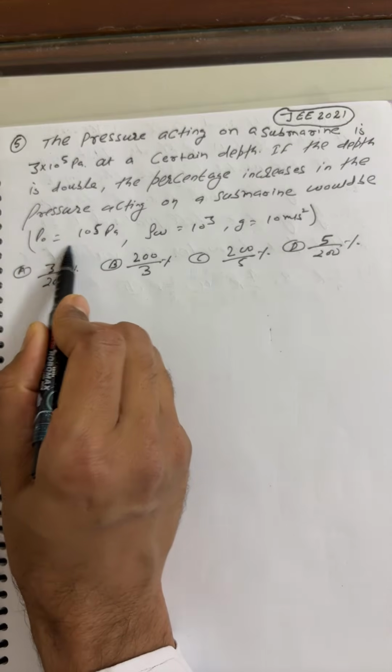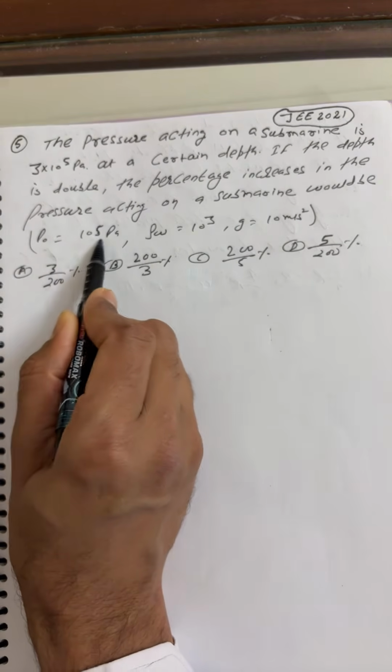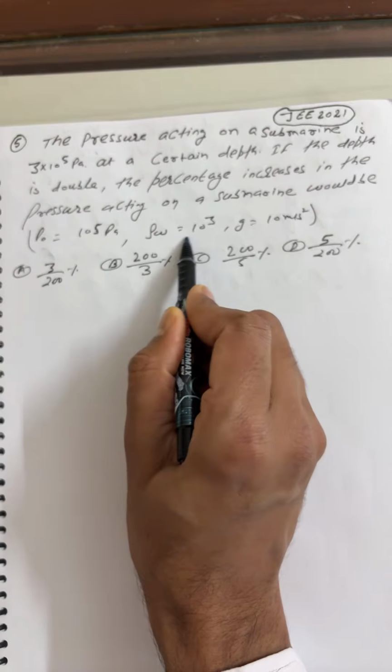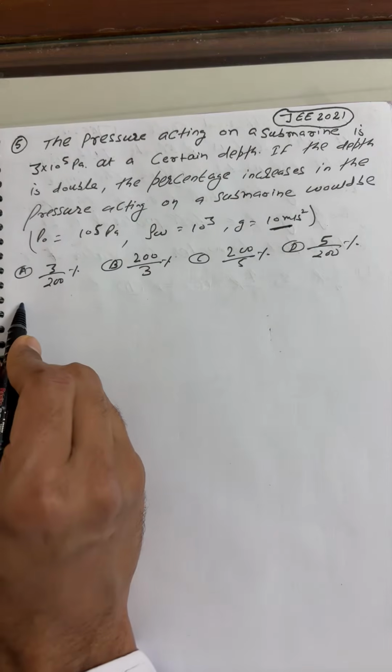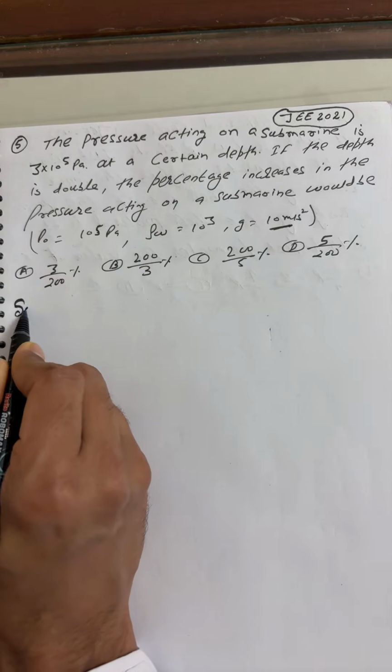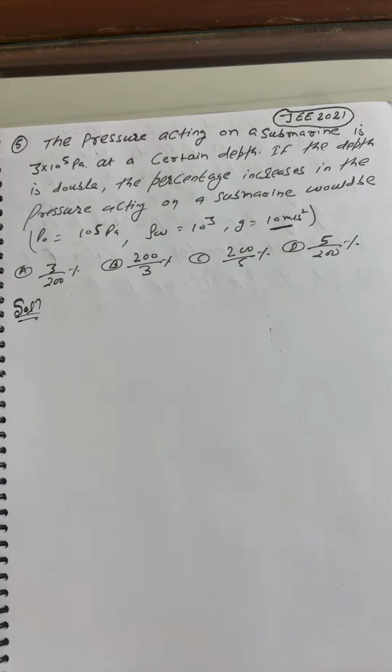If the depth is doubled, the percentage increase in pressure on the submarine would be? Atmospheric pressure you can take as 10 to the power 5. Density of water is 10 to the power 3. g is 10 meter per second square. Have a look at the solution, everyone.